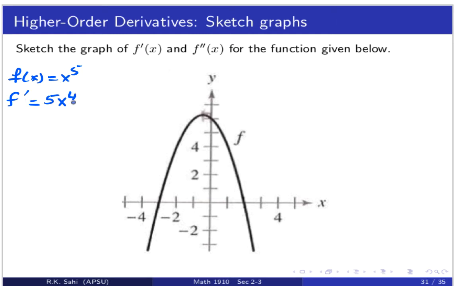The first derivative became 1 degree less, which is now a 4th degree polynomial. And if I take the second derivative, it became 20x cubed. This was an example I had started with when we talked about higher order derivatives. So the idea is that every time you take a derivative, you go 1 degree down in terms of the polynomial.